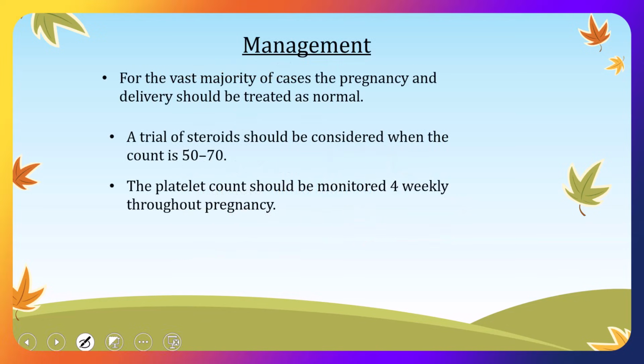Now, what is the management if you find incidentally a case of gestational thrombocytopenia? For the vast majority of cases, the pregnancy and delivery should be treated as normal. A trial of steroids should be considered when the count is usually less than 70, or between 50 to 70.